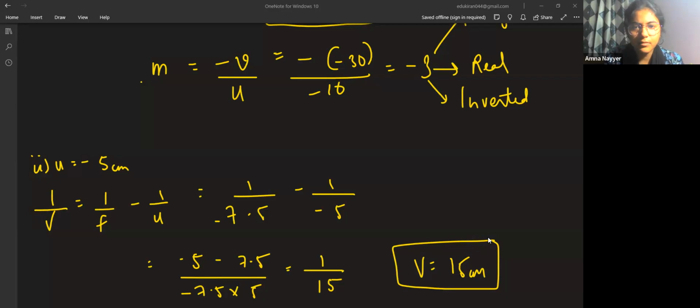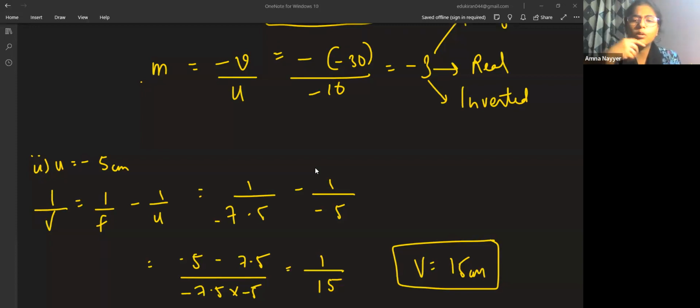Rest fine. Ma'am, it is minus 7.5 into minus 5, right? Which one, Fia? The last one, before the last step. Minus 7.5 into denominator minus 5. Yes, minus 5. This actually I hadn't written properly because here LCM we are taking.